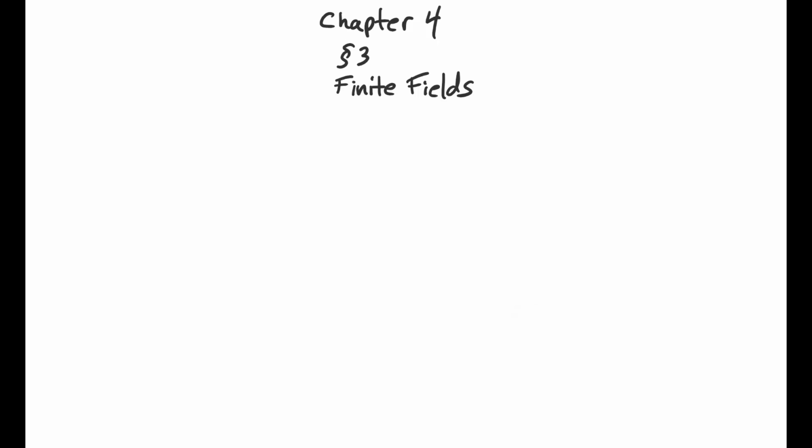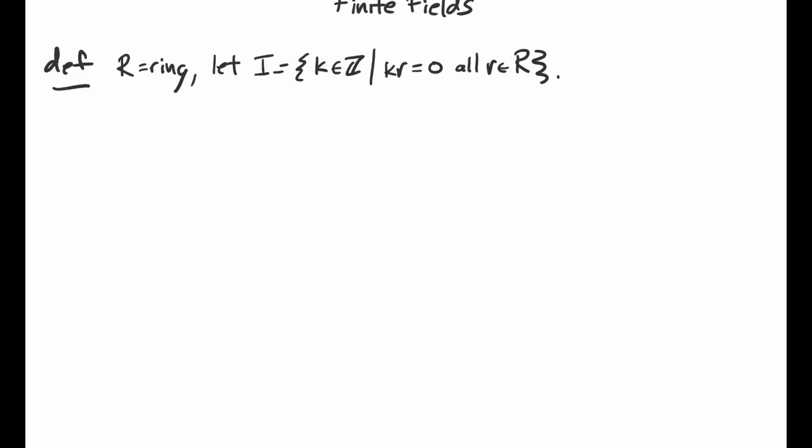All right, to get going, we're going to need a definition. So here we go. Start with a ring R, and we'll let I be all the integers k that kill everything in your ring. All k so that kr is equal to 0.